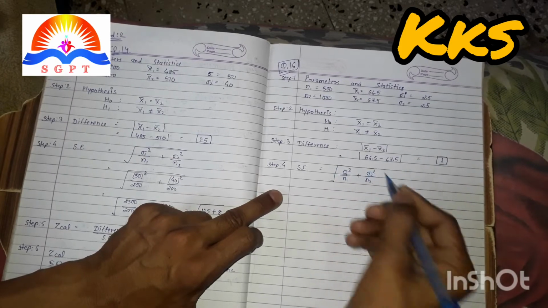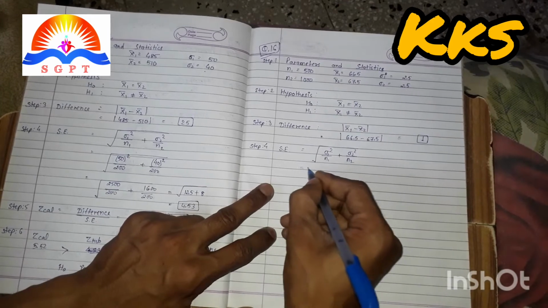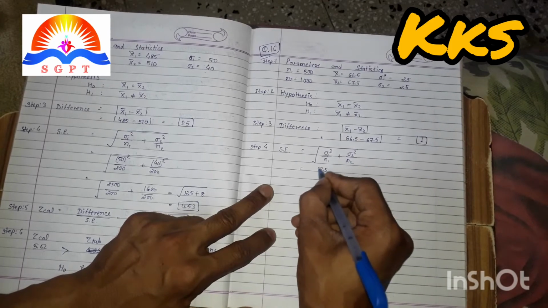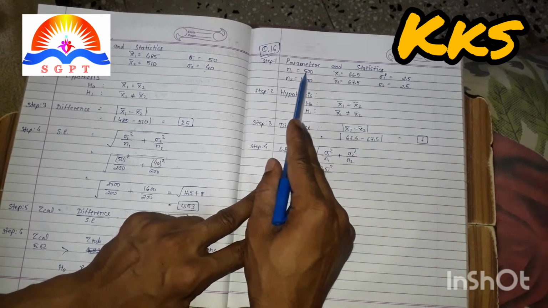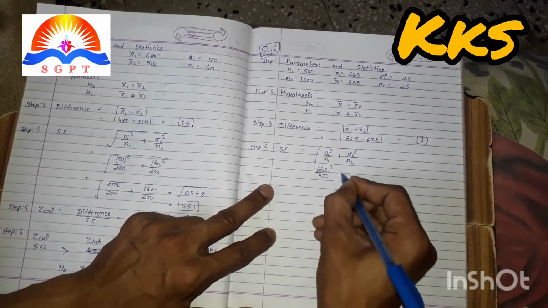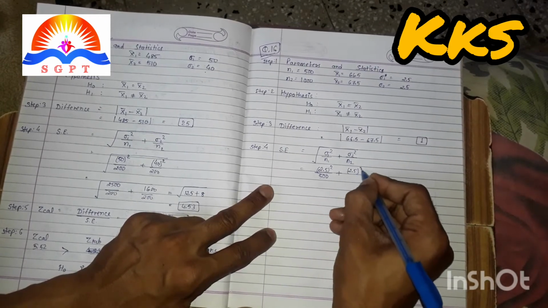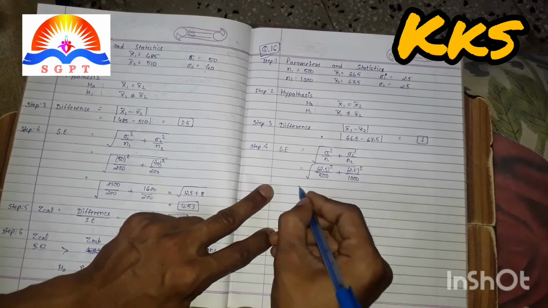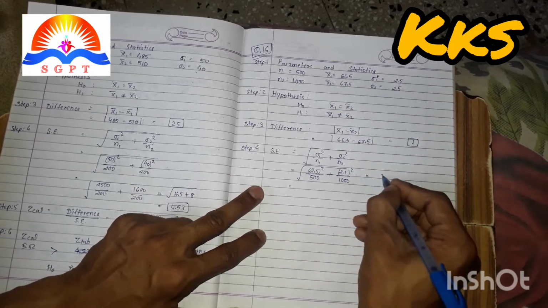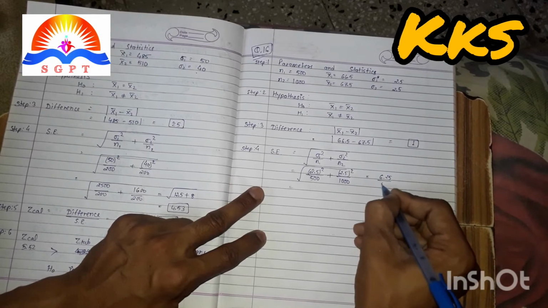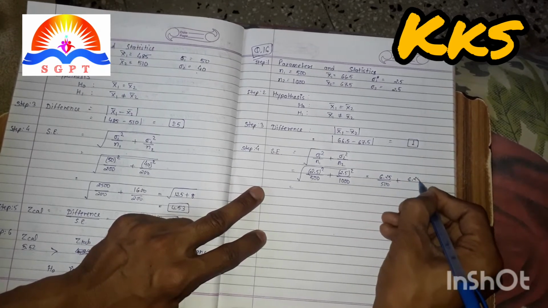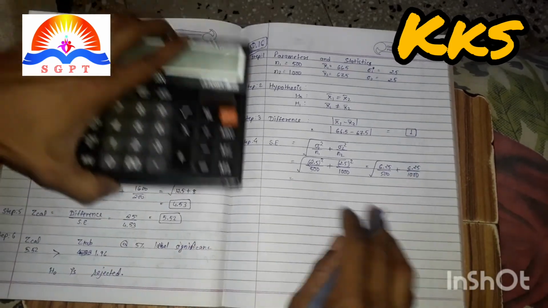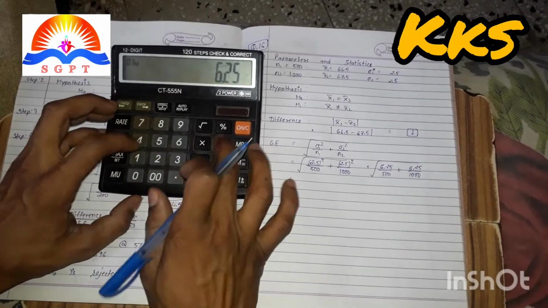Then sigma 1 is 2.5, sigma 2 is 2.5, so write down 2.5 square upon n1, which is 500, plus the same, sigma 2 is 2.5, its square, upon 1000. So if we take the square of 2.5, we will get 6.25 upon 500, then again 6.25 divided by 1000.